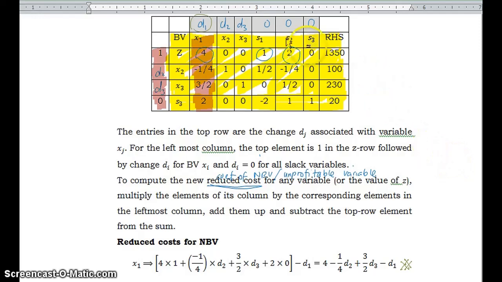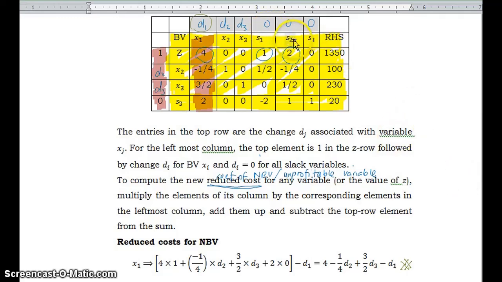Now, the reduced cost for S1 is 1 times 1 plus 1 over 2 times D2 plus 0 times D3 plus negative 2 times 0, and minus 0.